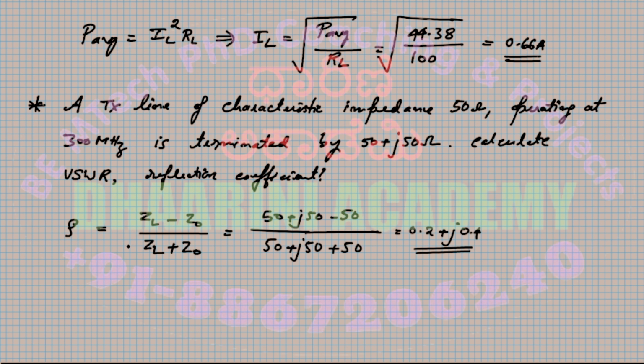We should convert this into S, right? What is the equation for S? The equation is S equals 1 plus magnitude of rho divided by 1 minus magnitude of rho. So simply convert the above rho into the R angle theta format.